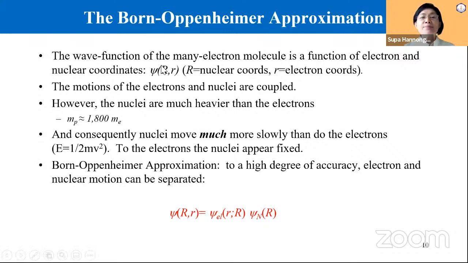So in this case, the Born-Oppenheimer approximation can apply to the wave function, which actually includes the nuclei coordinate and the electron coordinate. We can separate it into two wave functions, and they multiply: the electronic wave function and the nuclei wave function.